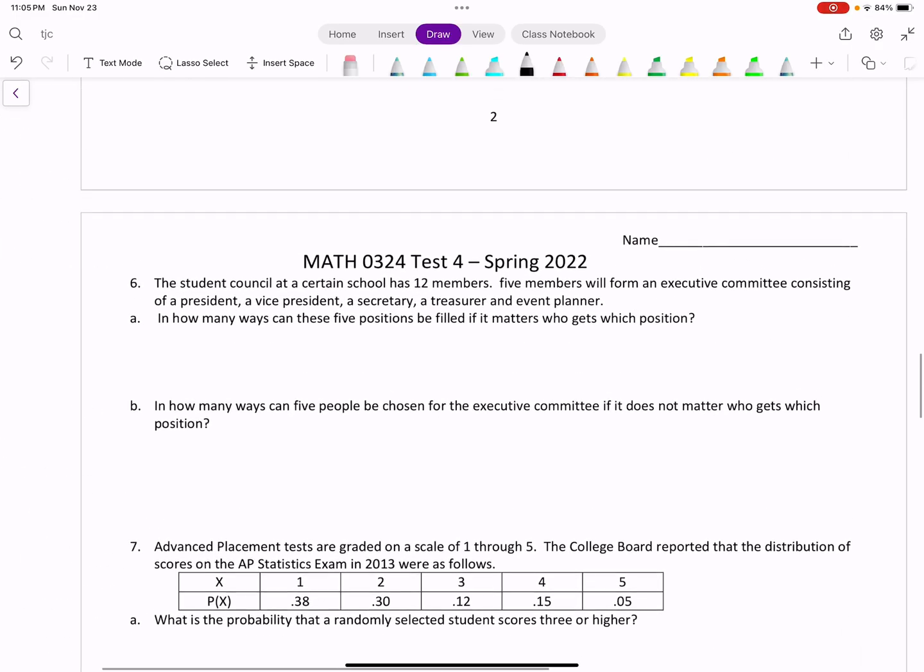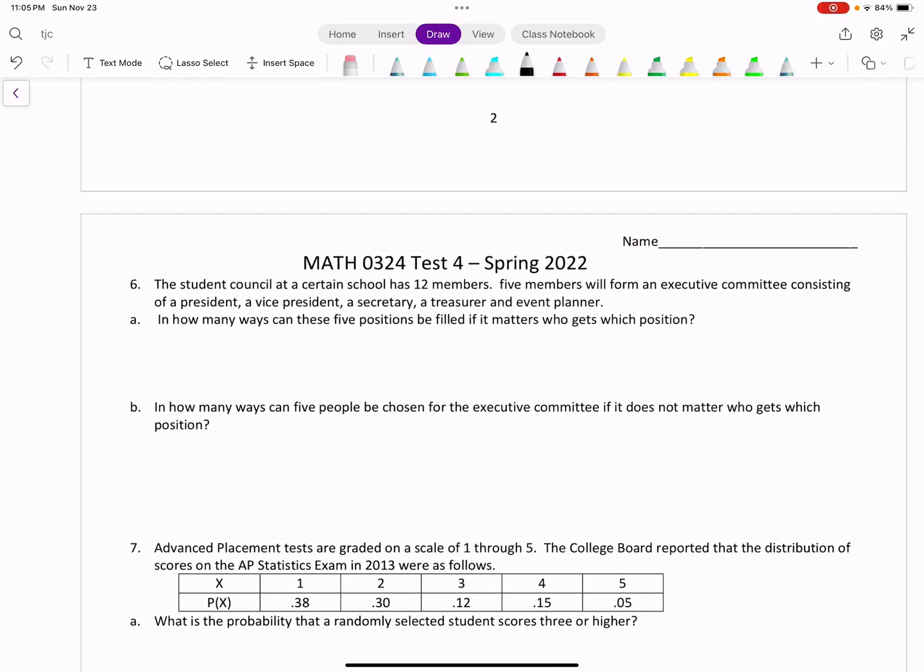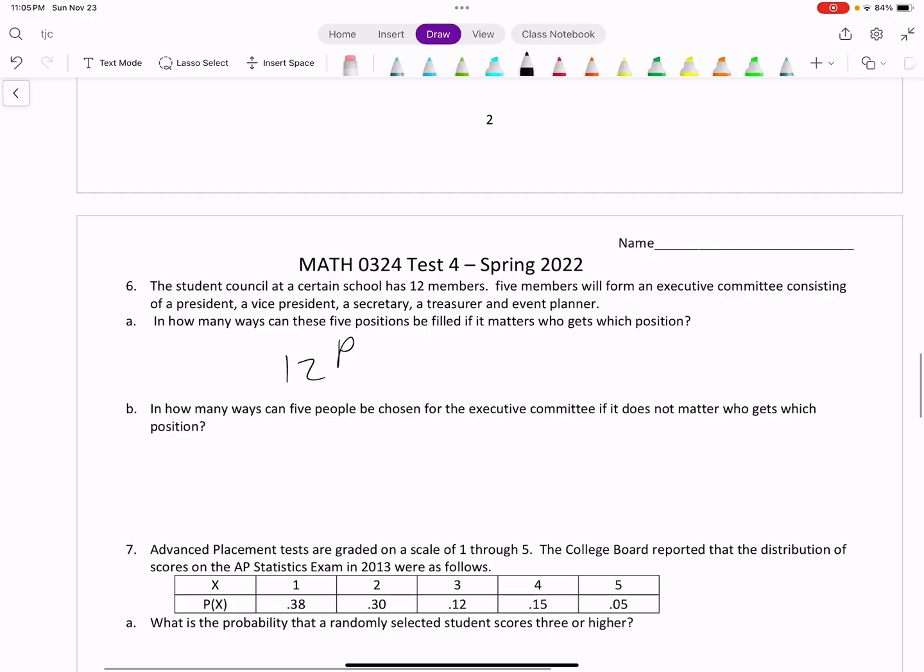Okay, next question. A student council at a certain school has 12 members. 5 members will form an executive committee consisting of president, vice president, secretary, treasurer, event planner. How many ways can these 5 positions be filled if it matters who gets the position? So that would be 12P5, because order matters and it's without replacement.